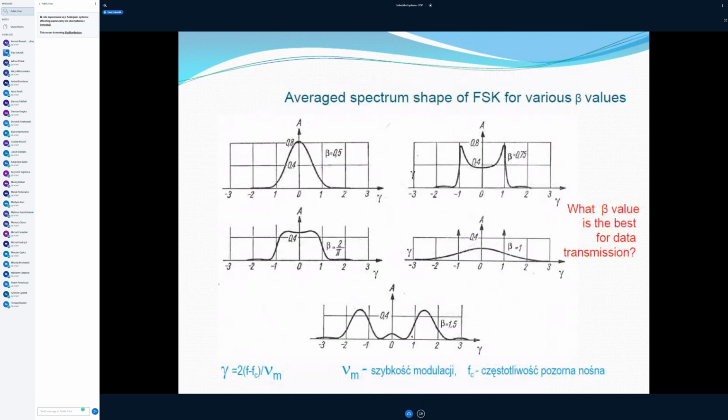And this is what I was showing you last time, that here we have the examples of spectral density. Well, in the past, when I had such a subject, data transmission, I had a very good program simulating random data, and then we could calculate the average spectrum.